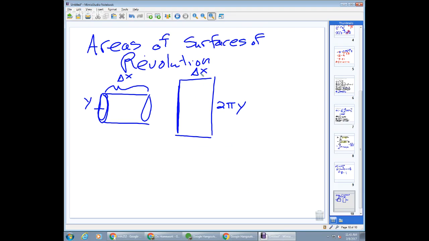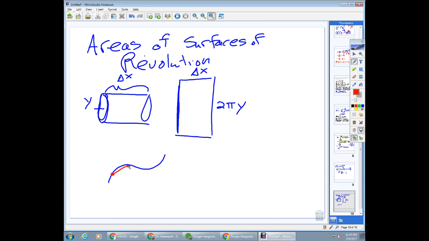Now, it turns out to find 3D revolved surfaces, you need more than just a cylinder. What you need are pieces of cones. Because if you think about the curves that we were playing with arc length, to find the arc length, I basically picked 2 points and then drew a straight line between those 2 points.